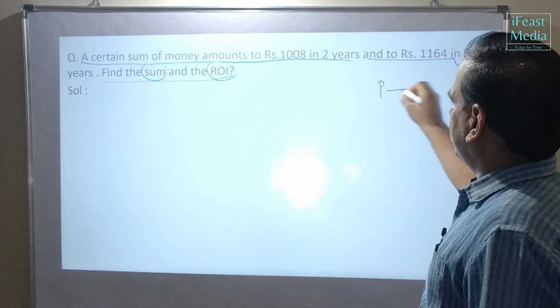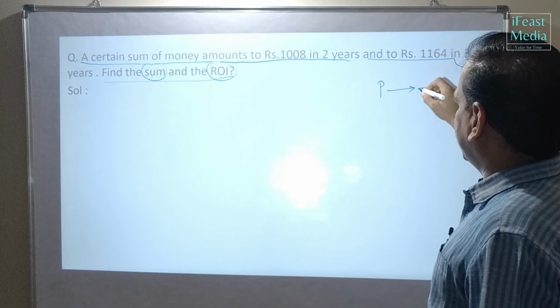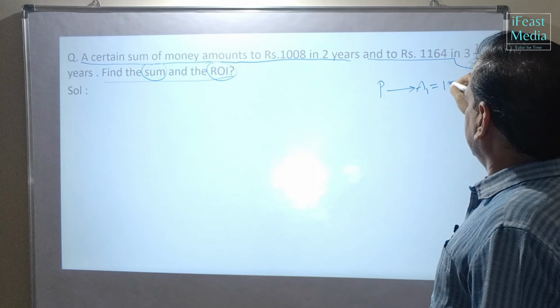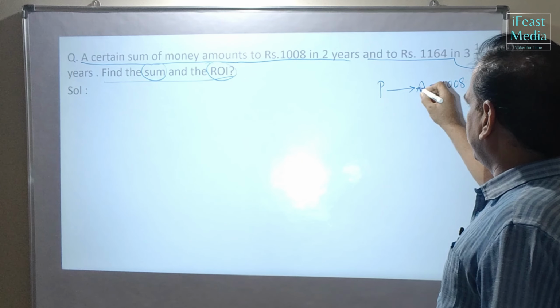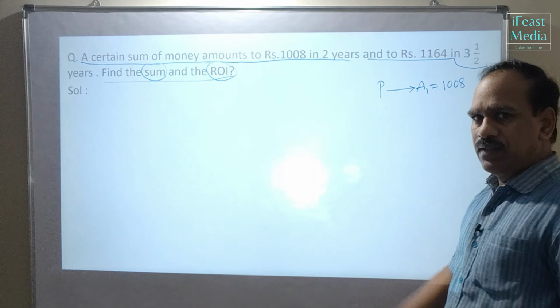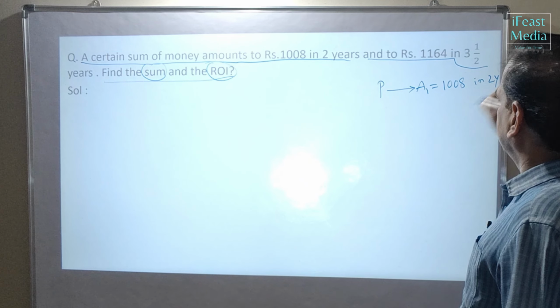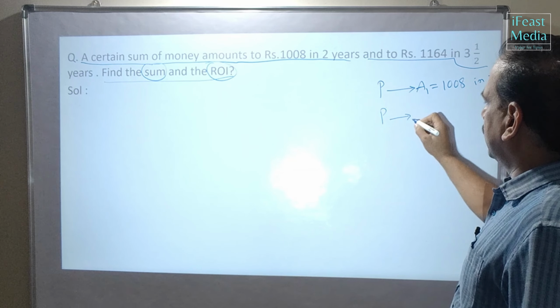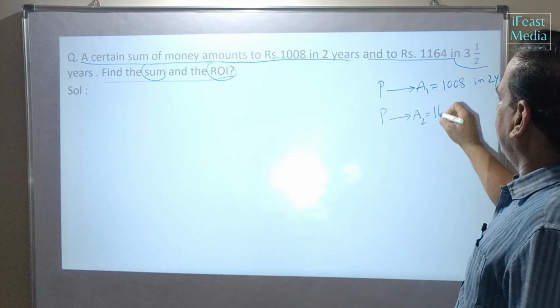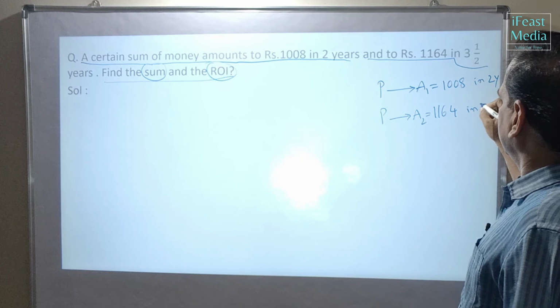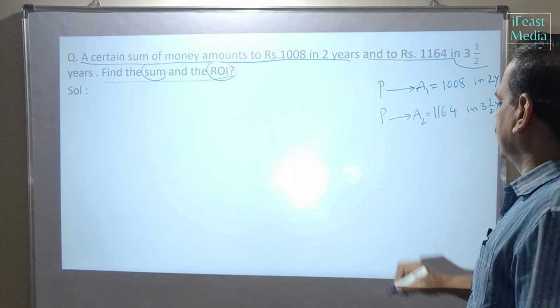A certain sum of money, P, has become 1008. Amount is, it has become 1008 amount in 2 years. The same principal amounted to 1164 in 3.5 years. Right?